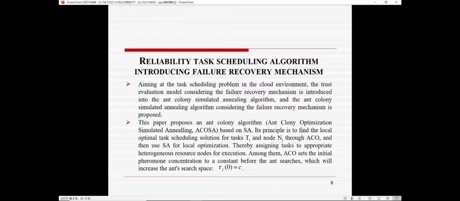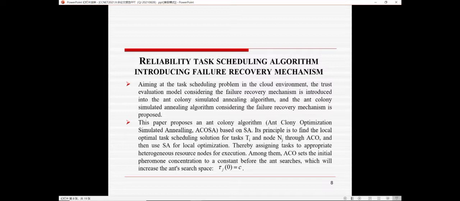Its principle is to find the locally optimal task scheduling solution for tasks T and nodes N through ACO, and then use SA for the local optimization, thereby assigning the tasks to the appropriate heterogeneous resource nodes for execution.